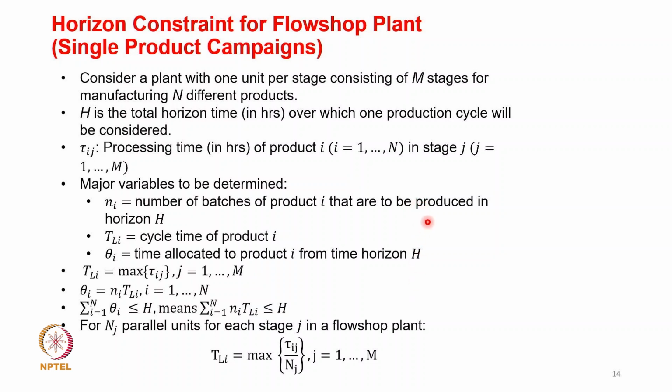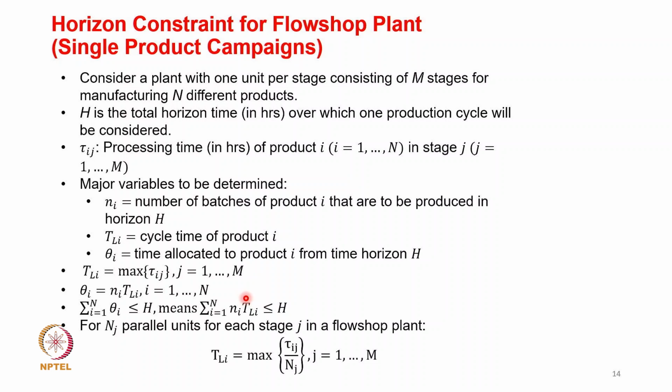So the major variables which we need to identify or play with are the number of batches that can be produced over that horizon, what is the cycle time, and what is the time allocated for a product i from the time horizon H. TLi, of course, we computed as the maximum of tau ij previously, and theta i, which is the time allocated, would be n times TLi.